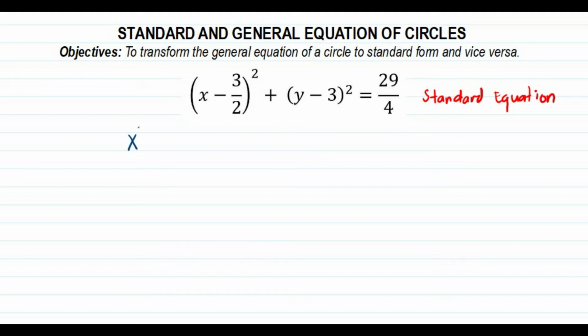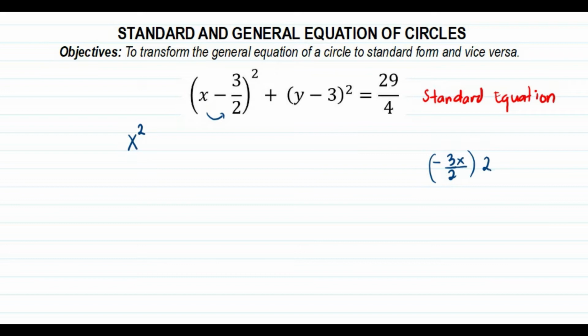X times x is x squared, and then multiply the first and second term. So we have negative 3 halves x. Then, or maybe we can write it as negative 3x over 2.